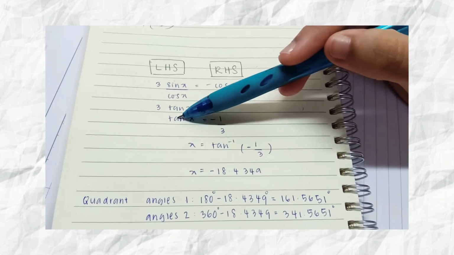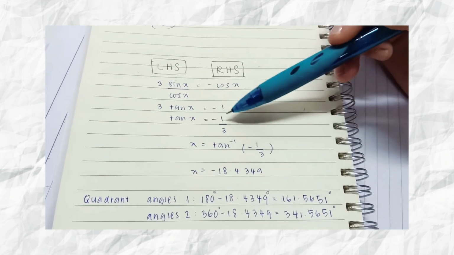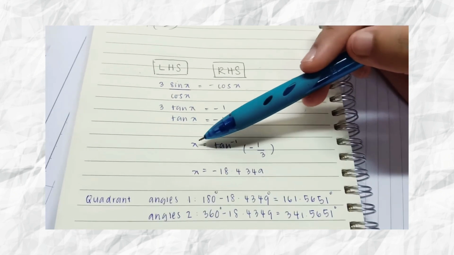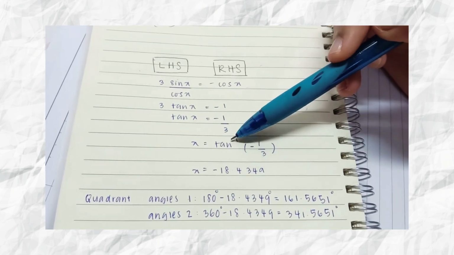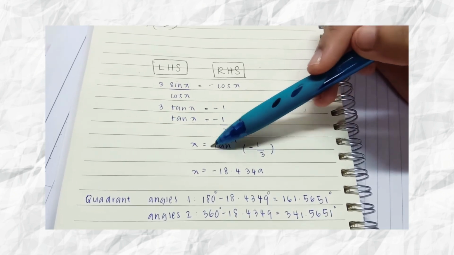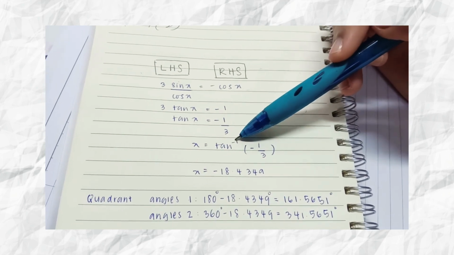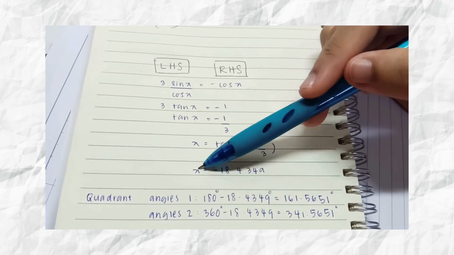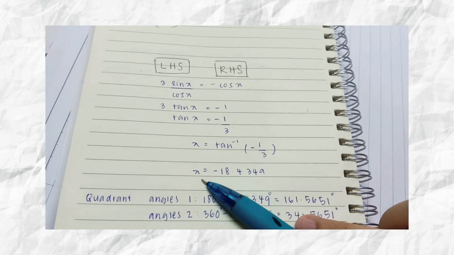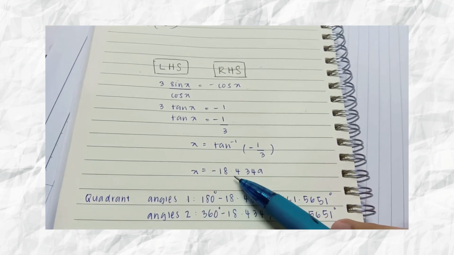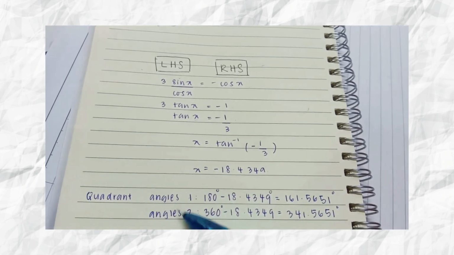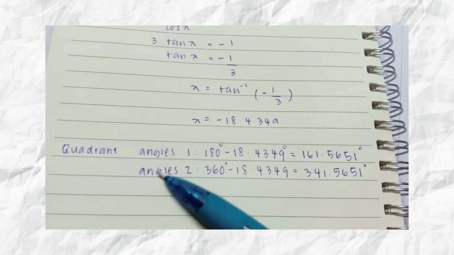So we want the value of x. So we also need to move tangent into the right hand side. You can use a calculator to simplify the equation, and you will get the value of x is equal to negative 18.4349. So we will look at the quadrant.